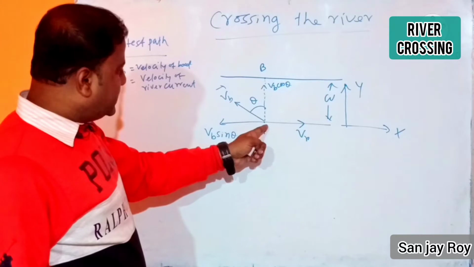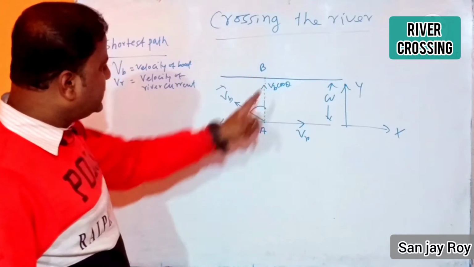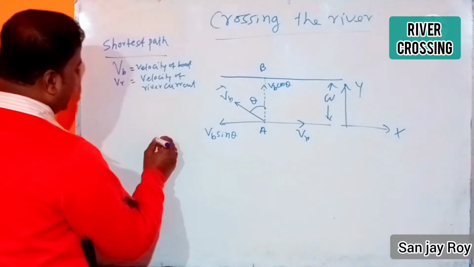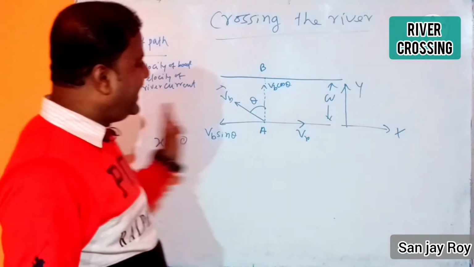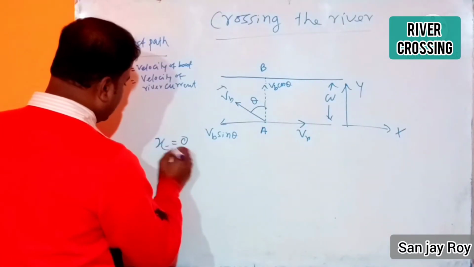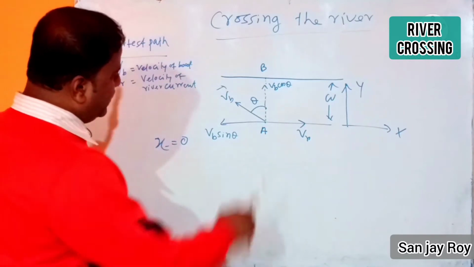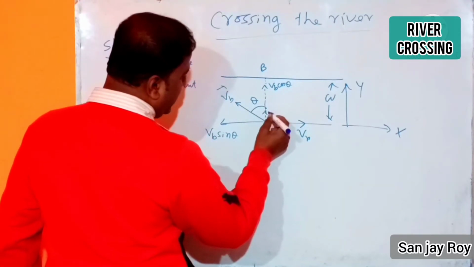If we start from this point A and reach this point B, then we see that delta X, the displacement along the X direction, equals 0.